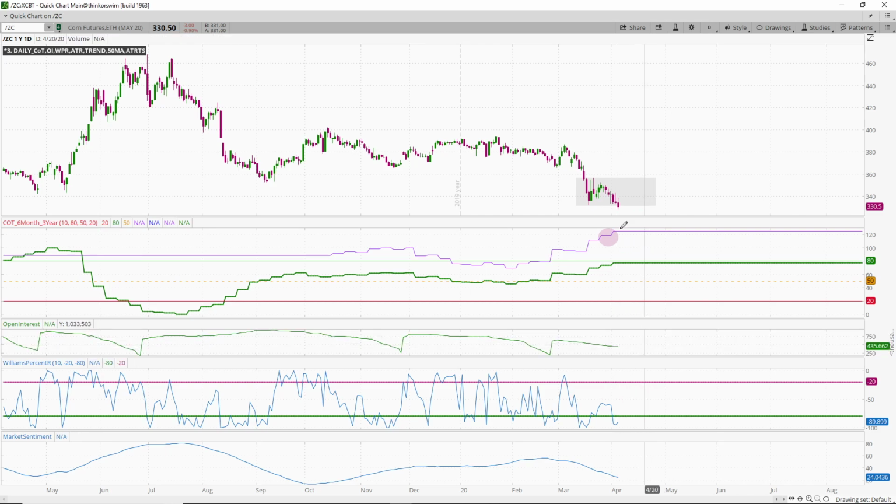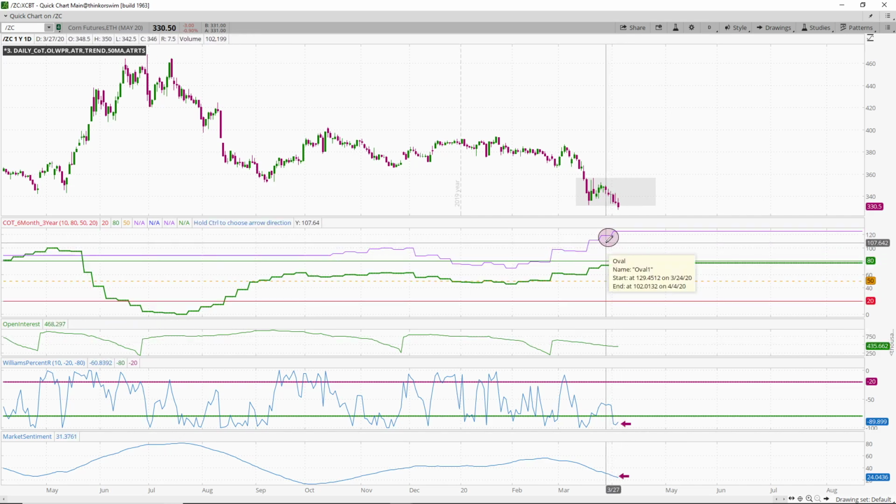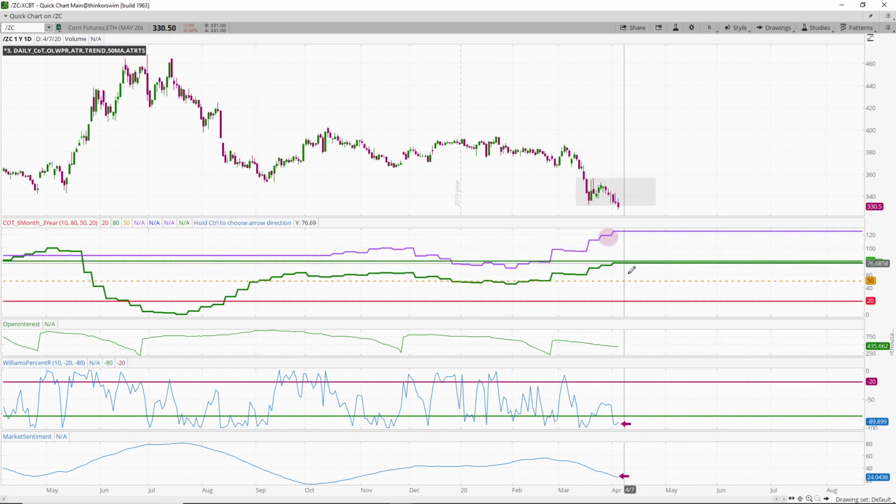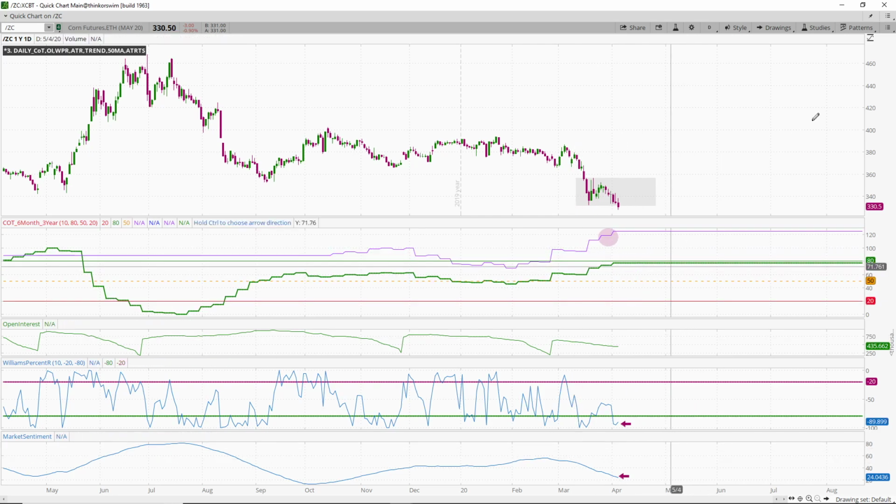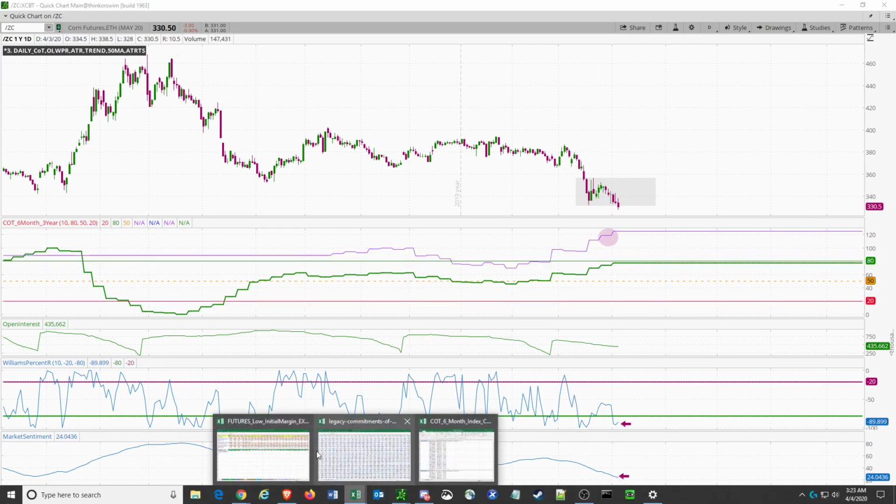So this is relatively low to begin with. So this looks like it could have the potential to turn around, with diminishing or relatively low market sentiment, WPR in the oversold and open interest relatively low. Comms are bullish. This looks pretty good. 3-year index just about brushing that 80% mark. So that bodes well for corn, I think.